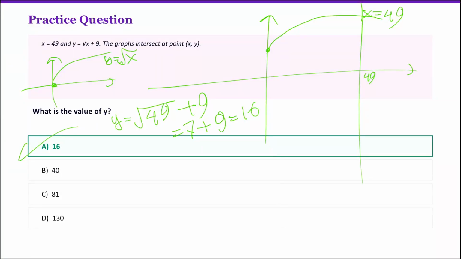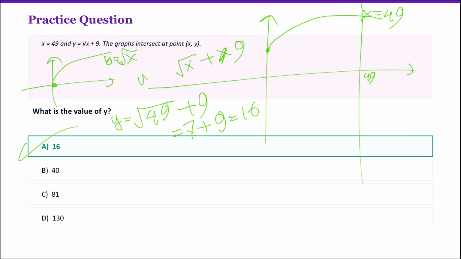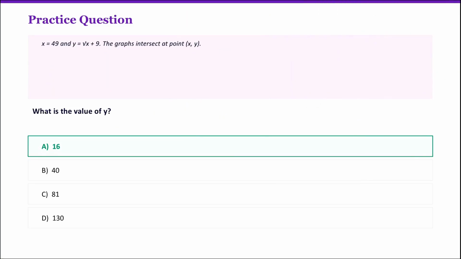This practice question was really simple, but sometimes you might have a harder situation. If, for example, you had y is equal to square root of x plus 9, but the other equation, instead of x is equal to 49, was y is equal to 2x plus 49, then suddenly this is harder.